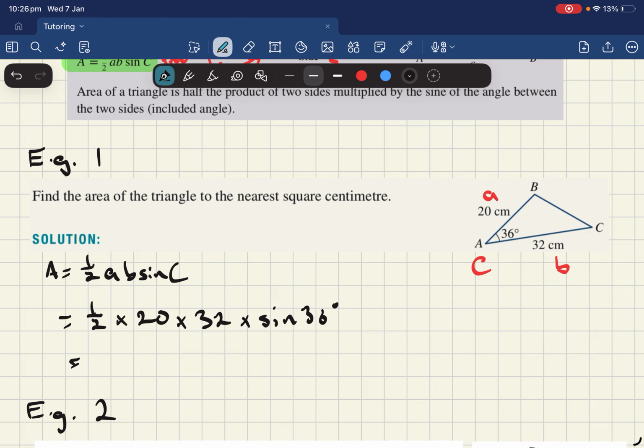Once we do this, we just write this into our calculator and it's saying to the nearest square centimeter. So we get 188.09..., which equals approximately 188 centimeters squared to the nearest square centimeter.